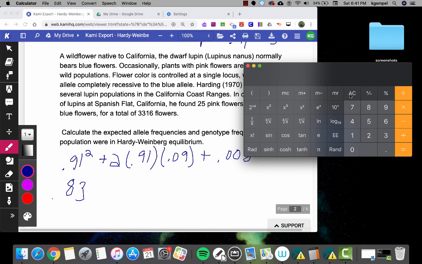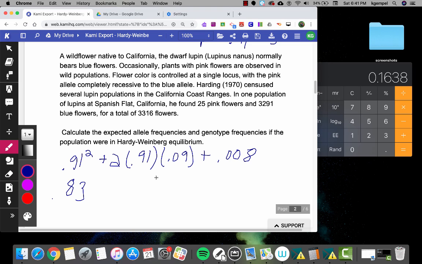And then I have 0.91 times 0.09 times 2, which is equal to 0.16. And then this other part here we already have at 0.008. So those are going to be very close to 1.